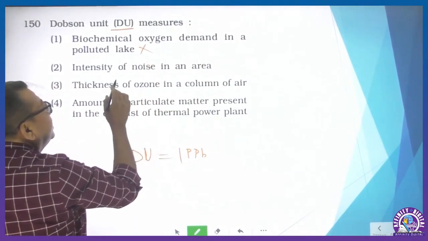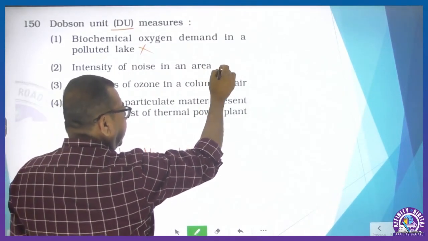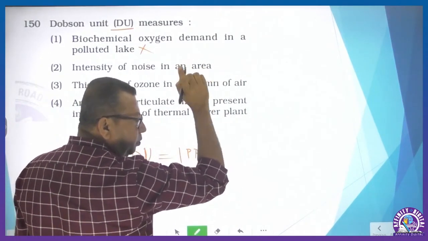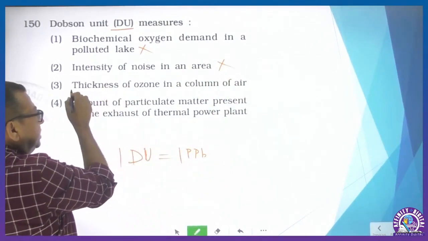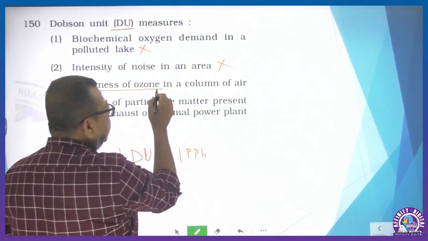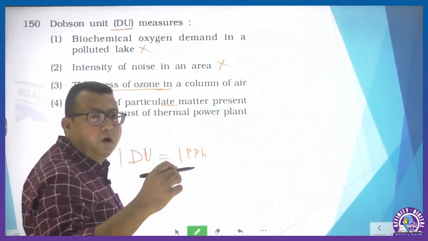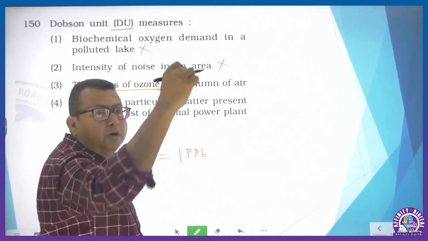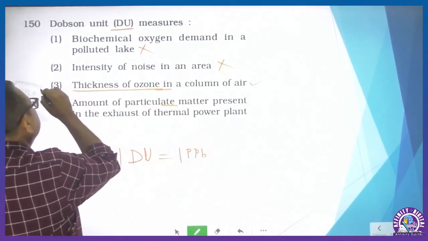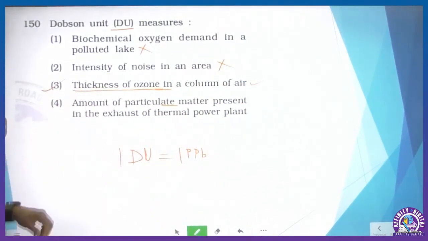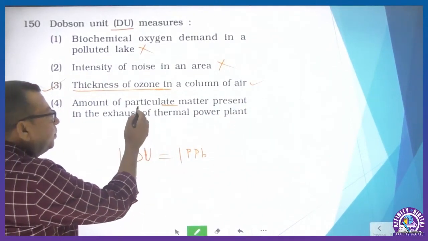Wrong. Intensity of noise in an area is measured in terms of a unit called decibel, not Dobson unit. Dobson unit is used to measure the thickness of ozone in a column of air from the ground to the top of the atmosphere. ठीक है, तो ये होगा सही answer. Option number 3 होगा answer.